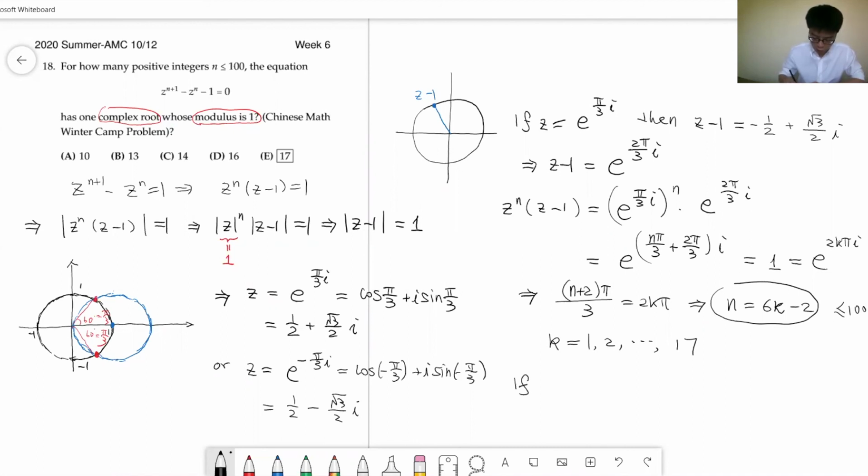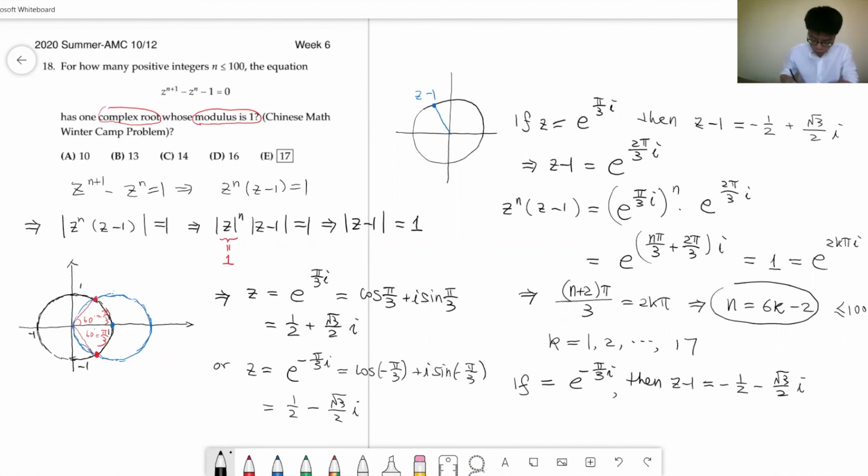If z equals exponential minus pi over 3 i, then z minus 1 equals minus 1/2 minus root 3 over 2 i.